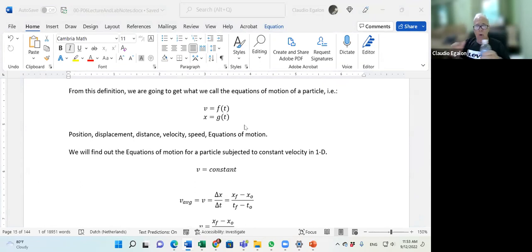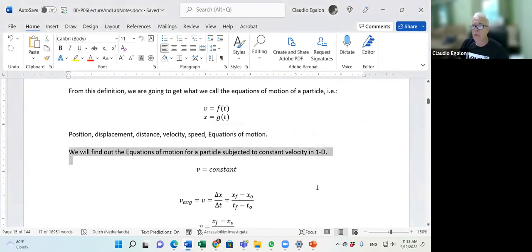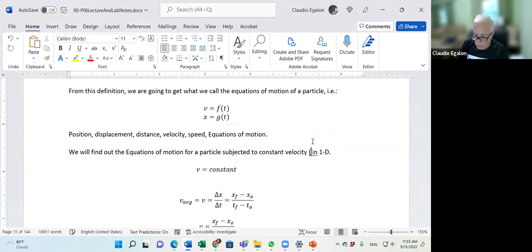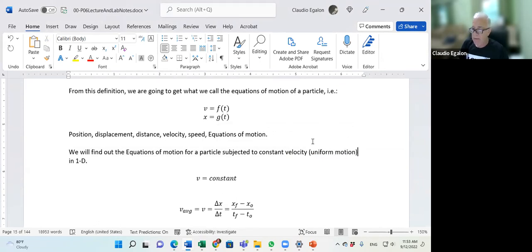The first type of motion is that of a particle subjected to constant velocity. Constant velocity is also called uniform motion. If the velocity is constant, you have uniform motion. That's still 1D, one-dimensional motion.